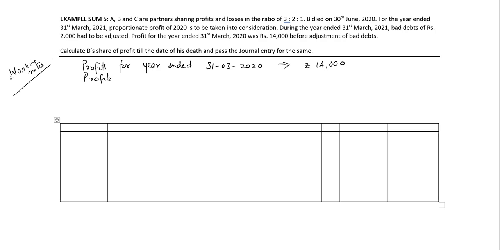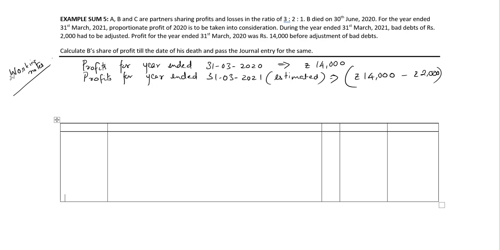Profits for year ended 31st March 2021 is estimated at the same rupees 14,000, but we need to make the adjustments for the bad debts of rupees 2,000. So we'll subtract the bad debts amount of rupees 2,000 and we get the answer as rupees 12,000.